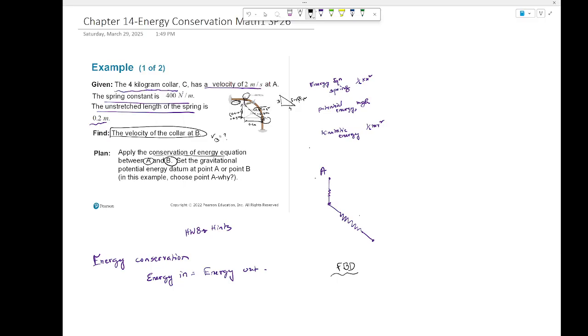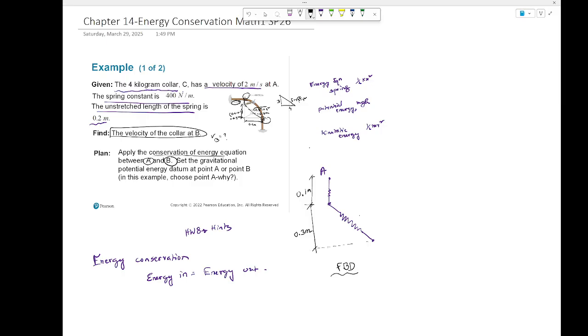From here to here, this distance is 0.1. From here to here, this distance is 0.3.